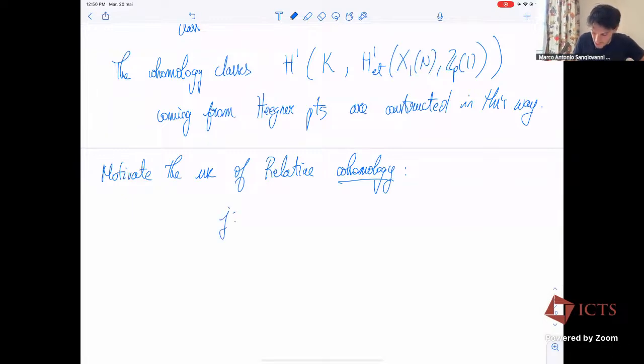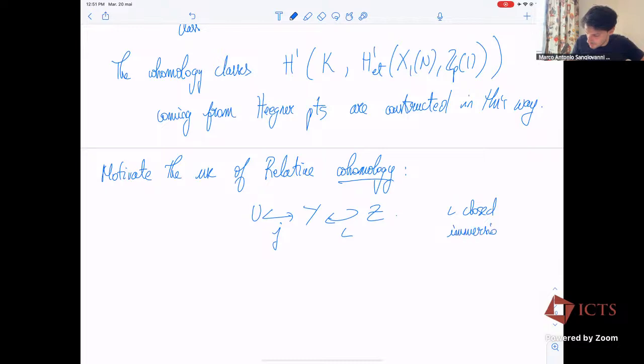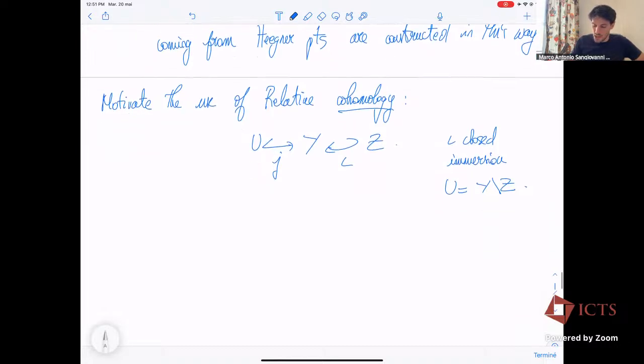So let me say that j is the inclusion of U inside Y, which contains Z. This is iota, and this is j. So iota is a closed immersion, and so U is Y without Z. Okay. So you always have the following diagram of functors, exact triangle.